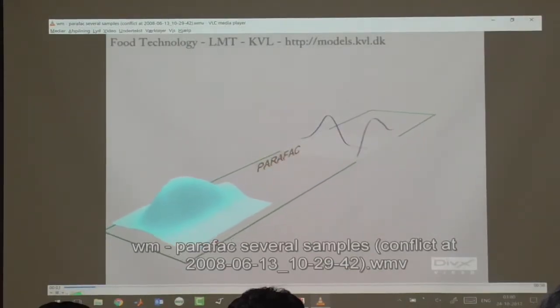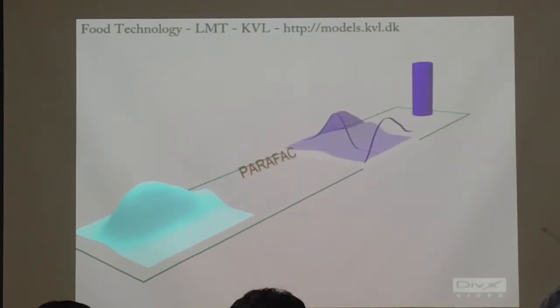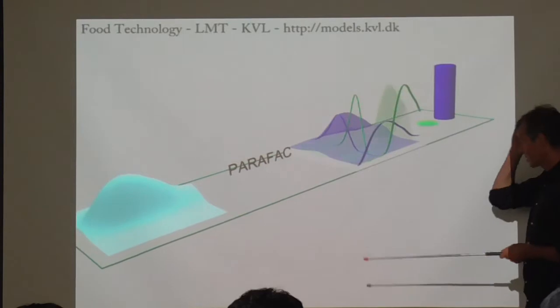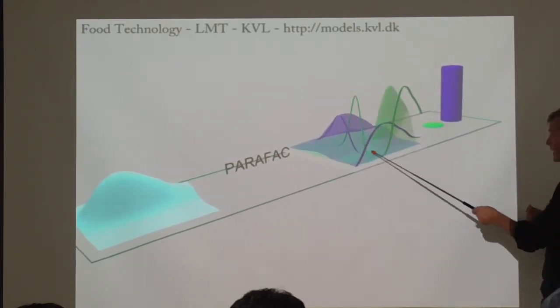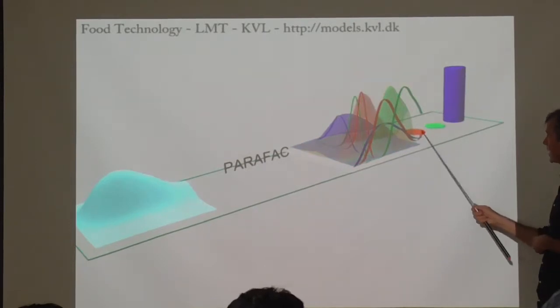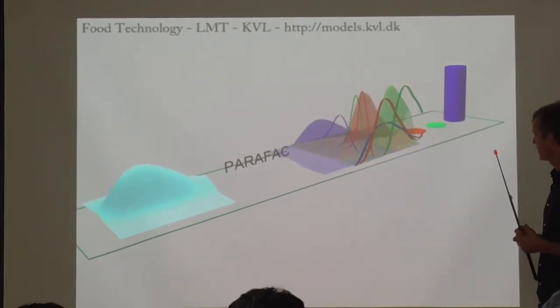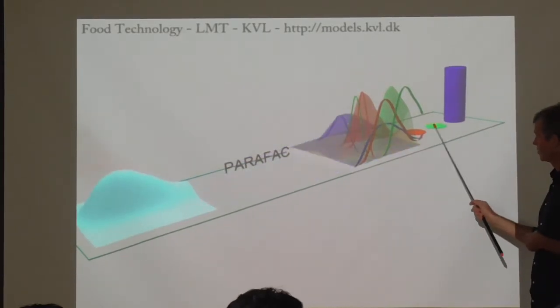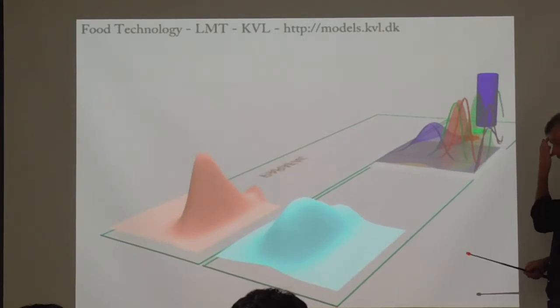Also, as I showed you yesterday, for many samples I can describe every sample using Beer's law, using the pure excitation and the pure emission spectrum, and just by multiplying with the pure concentrations. So in this sample, we only have the blue, so I just multiply the other two by a 0 concentration.